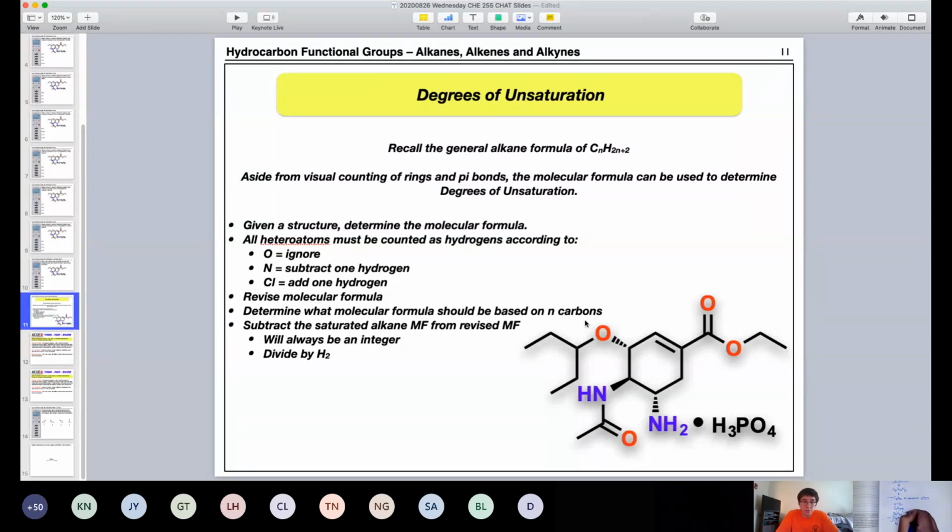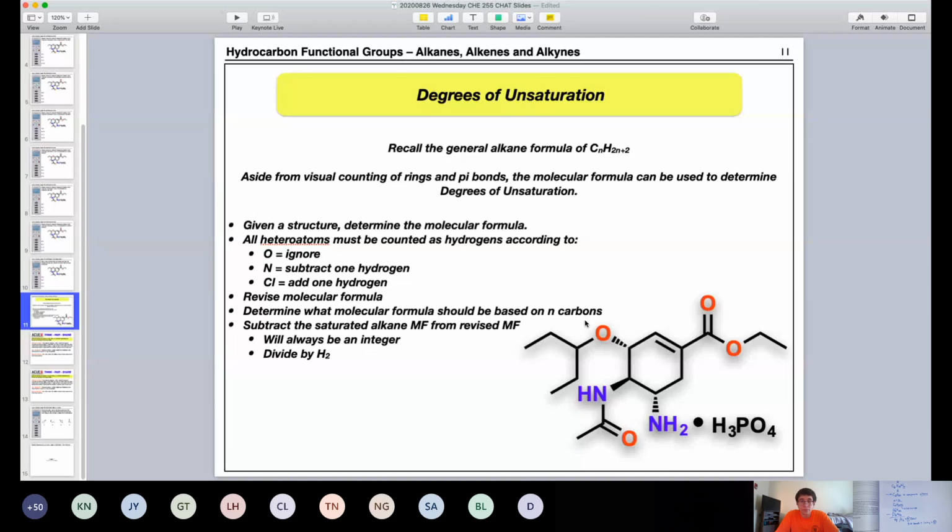So again, 2 times 16 plus 2, that gets us our 34. So you can visually look at the molecule, count the pi bonds or the rings, or if you are given a molecular formula, you can do the same thing using this algorithm.